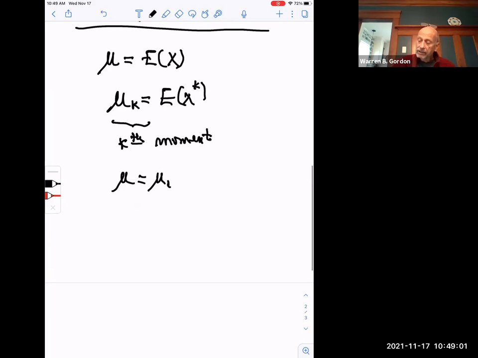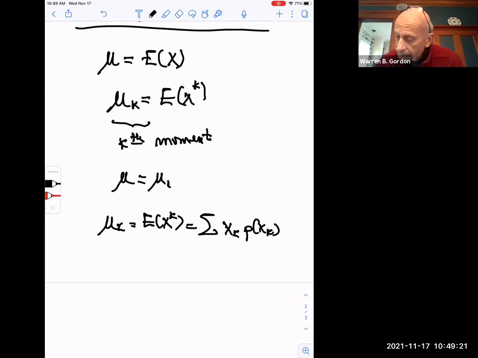And in general, mu sub k for a discrete random variable, which is E of X to the k, will just be the sum. I'm sorry, I did that wrong. Let's rewrite that.